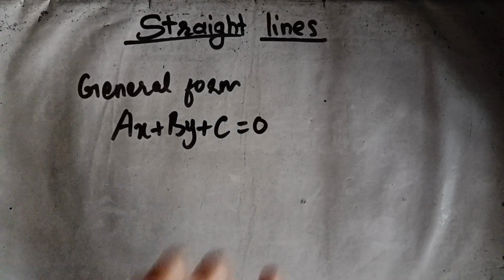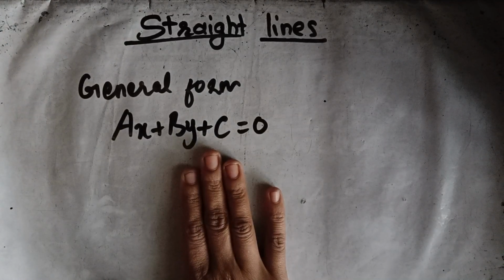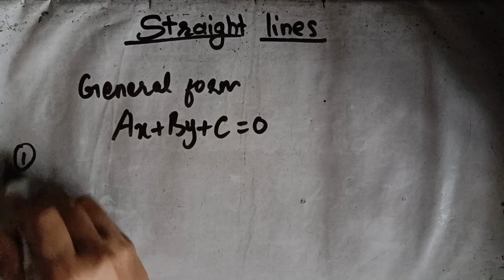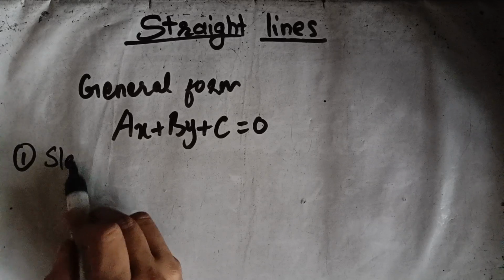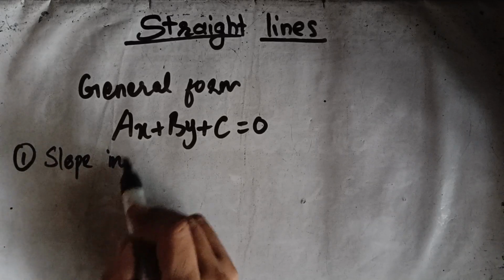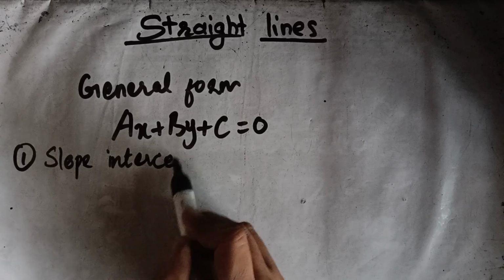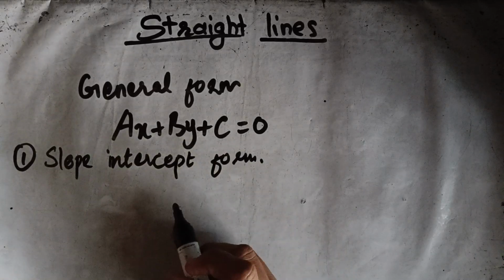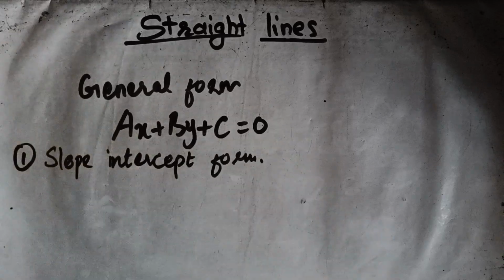Now we have to reduce this general form into the standard forms, that is, slope intercept form or intercept form. To reduce it to slope intercept form, I'll write everything in terms of y.